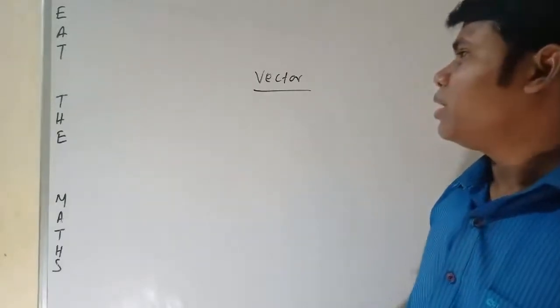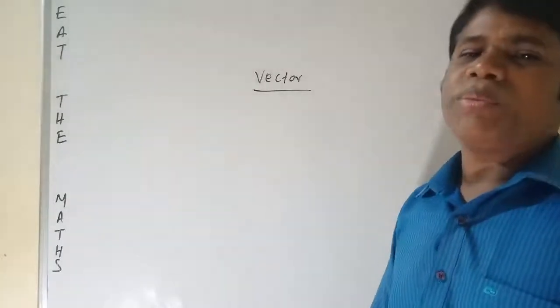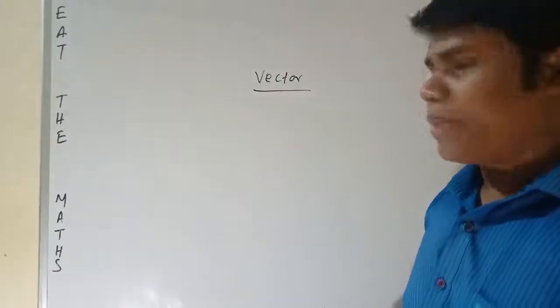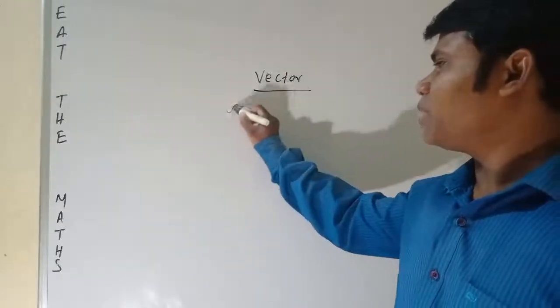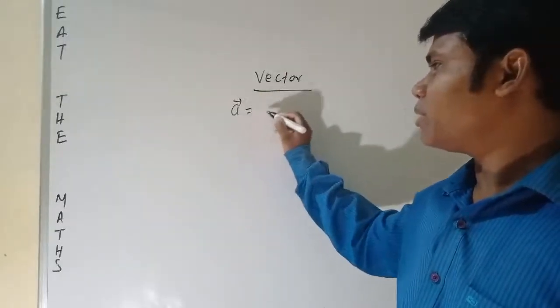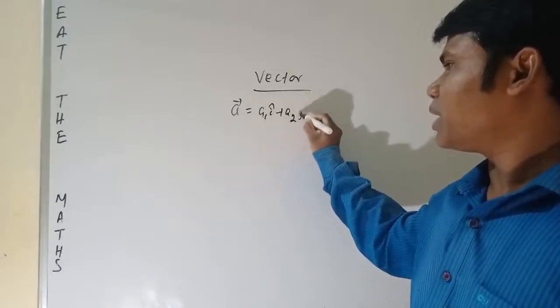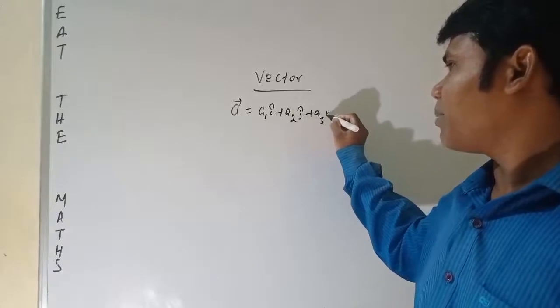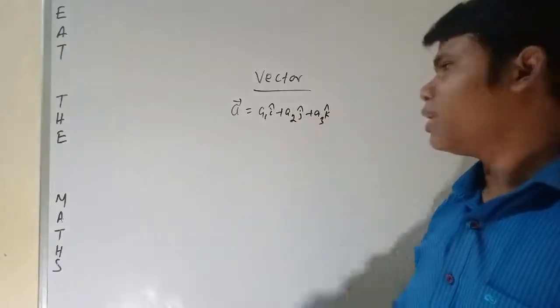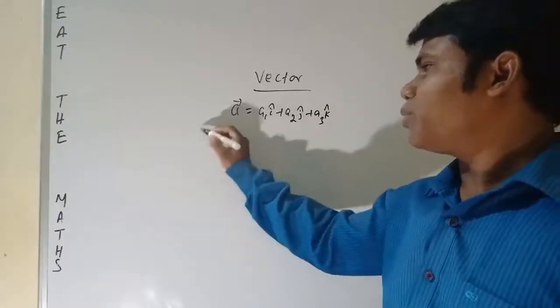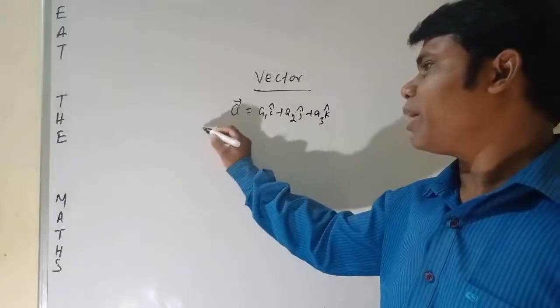Okay, component wise, suppose we will write a vector. Suppose a vector is a1 i cap, a2 j cap, a3 k cap. Okay, suppose we will calculate the magnitude of a.